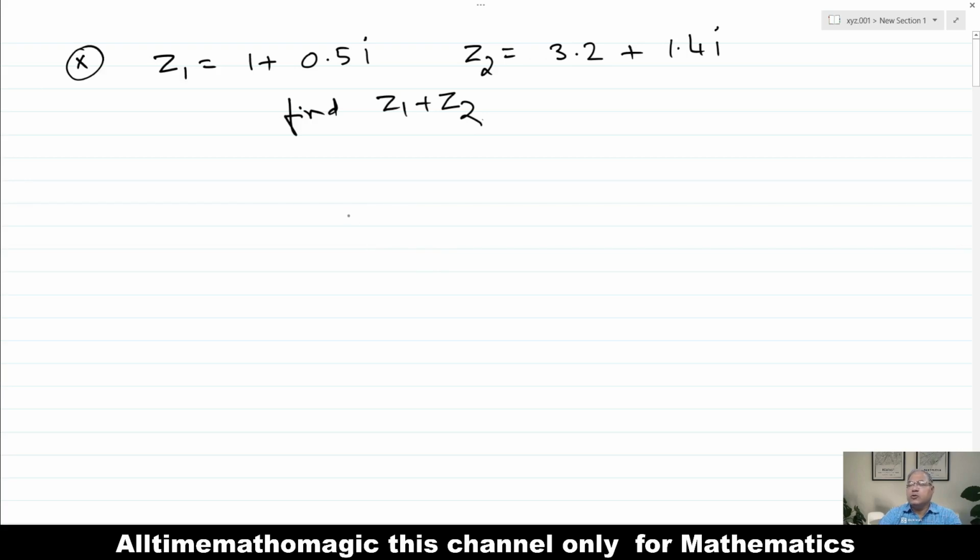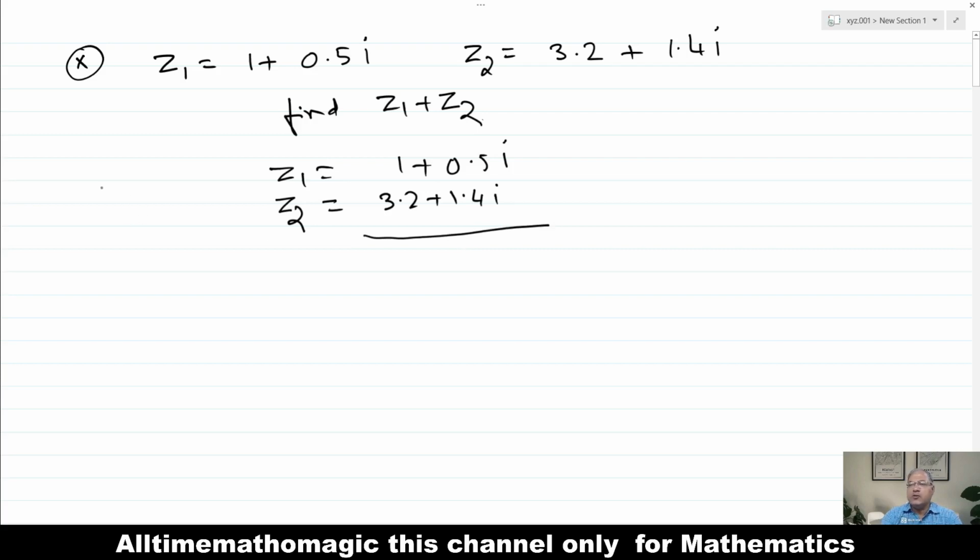So in this problem, what can we do? We write Z1 as 1 plus 0.5i. We can add both in a horizontal way and a vertical way. First let me do it the vertical way, then we'll do the horizontal way. And Z2 equals 3.2 plus 1.4i. We write real part below the real part and imaginary part below the imaginary part.